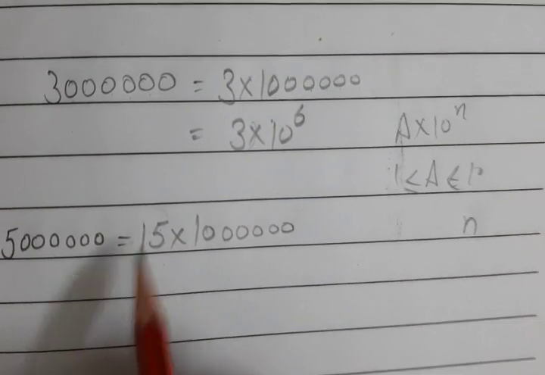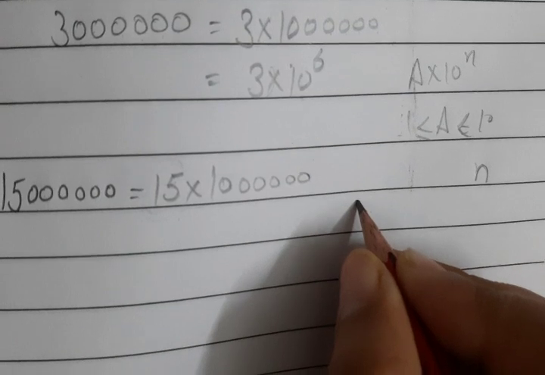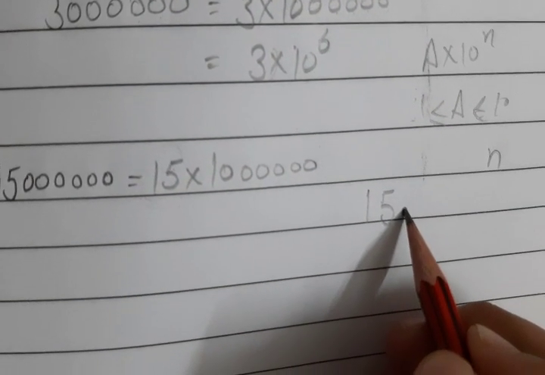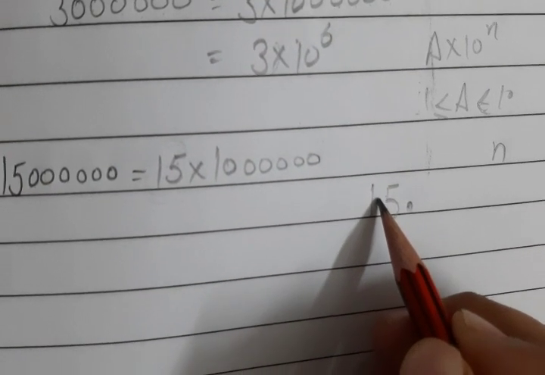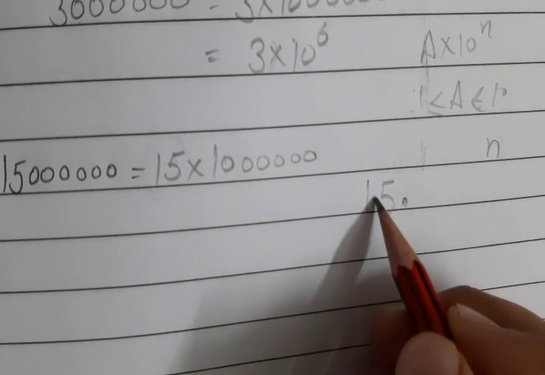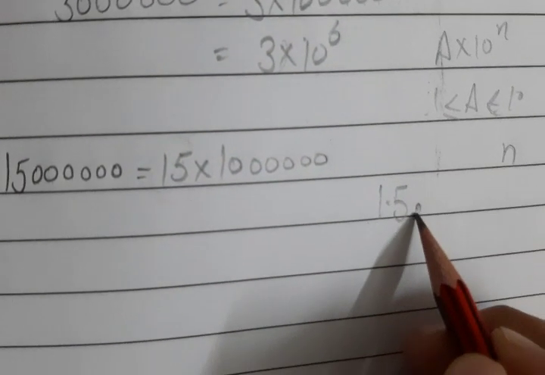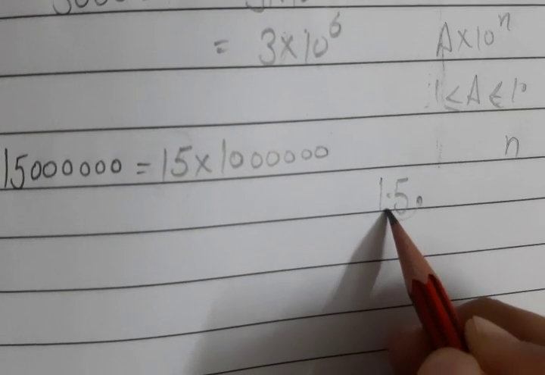We will put a decimal here. Write 1.5 and take the decimal here. After one digit we want a point, then how many places will this decimal move? That is only one time.